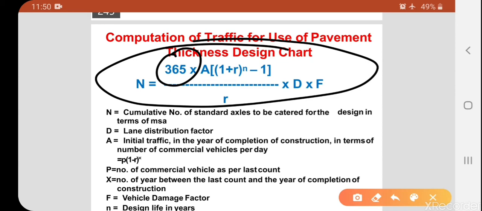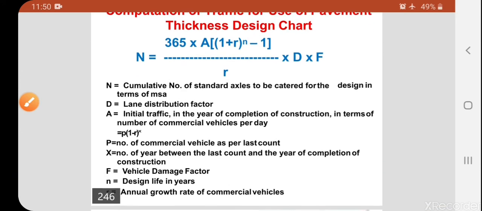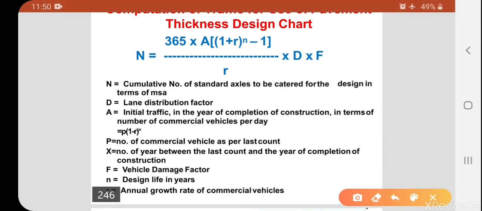A will be the initial traffic in the year of completion of construction, in terms of P into the bracket of 1 plus R. P is nothing but the number of commercial vehicles as per the last count.